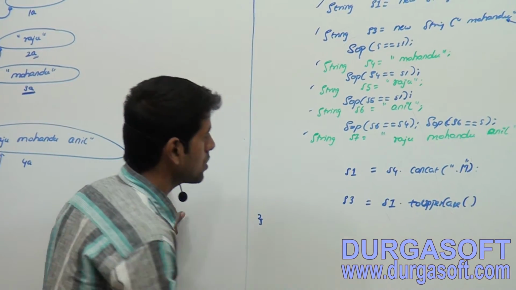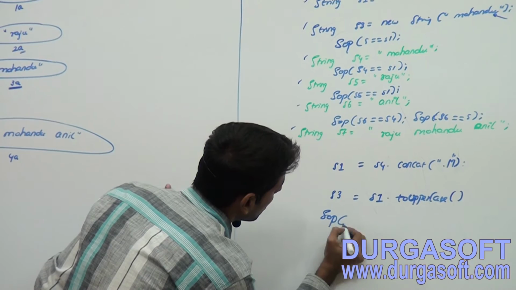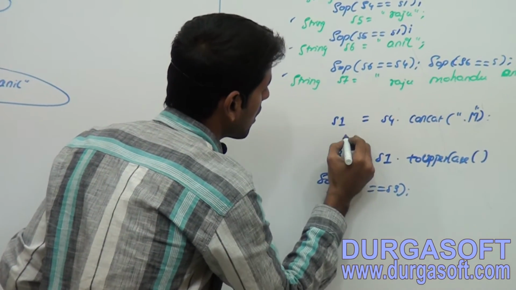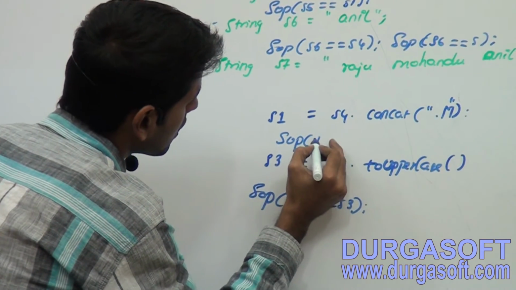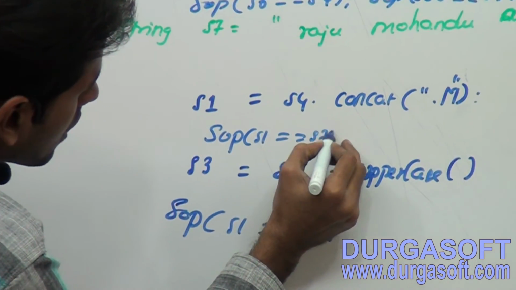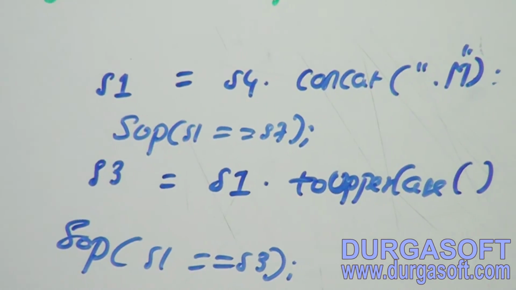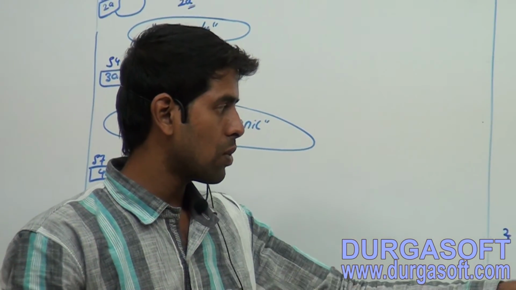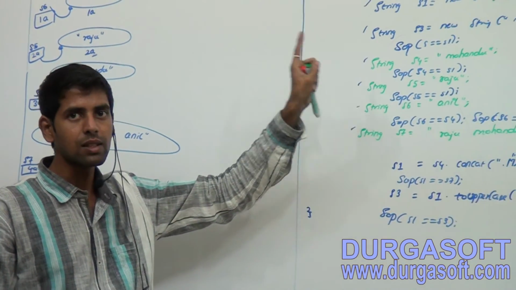And let me use here SOP of S1 double equals S3, SOP of S1 double equals S7. Let it be. We will come to giving answers for these SOP statements later.